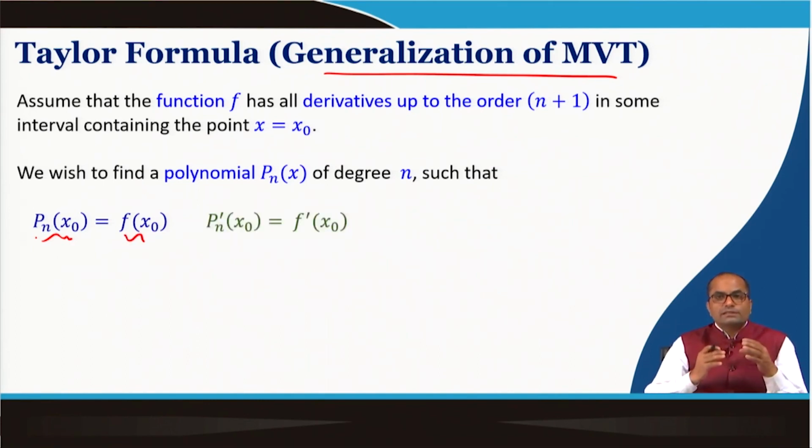The second condition is that the first derivative of this polynomial at this x naught point is equal to the derivative of the function at that point.